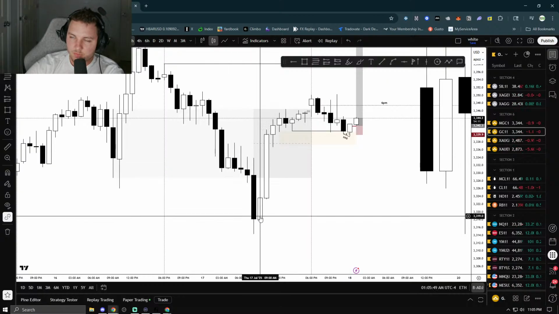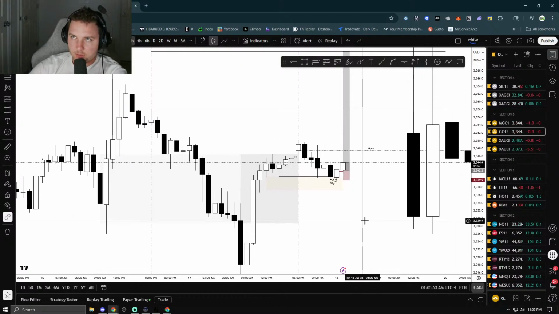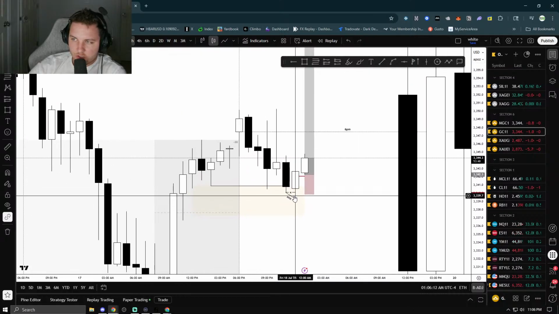And I'm saying all this because you have 4-hour profiling, et cetera. And the whole point of 4-hour profiles is so that you can figure out if we have an established low of day to trade away from. So, for example, is this an established low for the day?